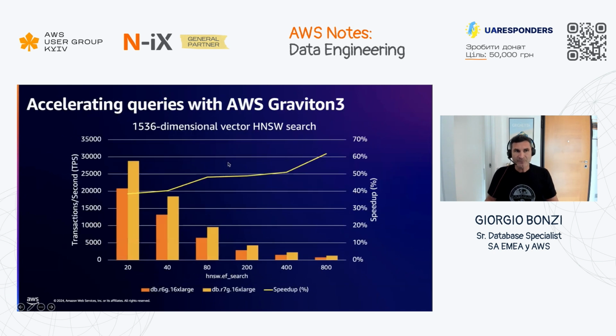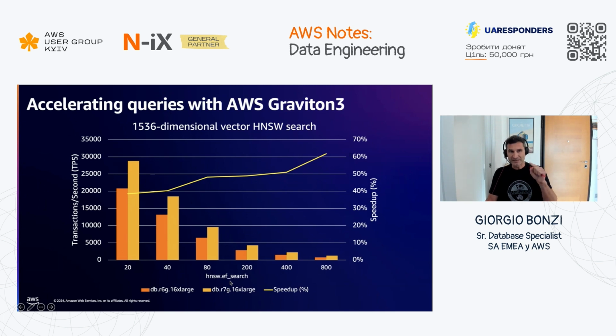In the second example, we are using the same benchmark, but in this case, we are comparing two Aurora clusters with different processor generations. The first one is a Graviton 2 provided by R6G, and the yellow one is a Graviton 3 provided by the instance class R7G. And in this case, we are executing a similarity search, increasing the parameter ef_search.